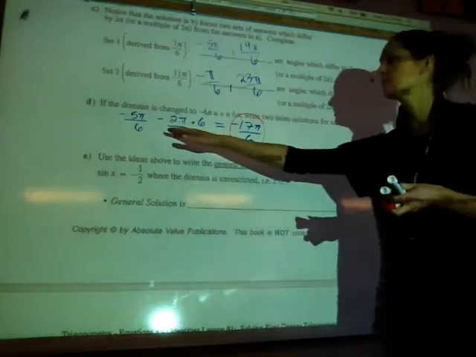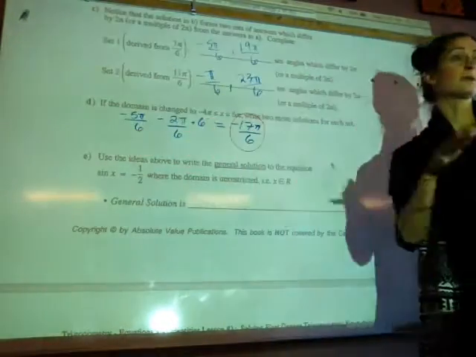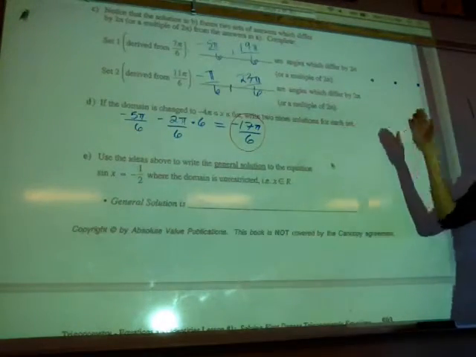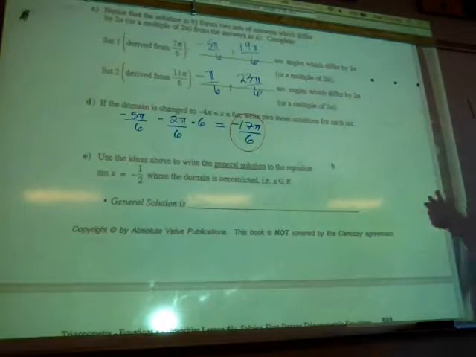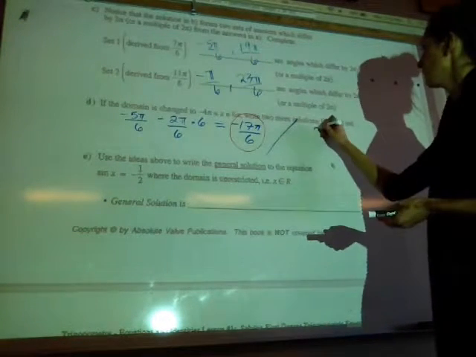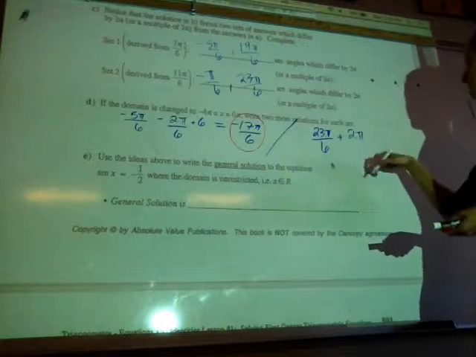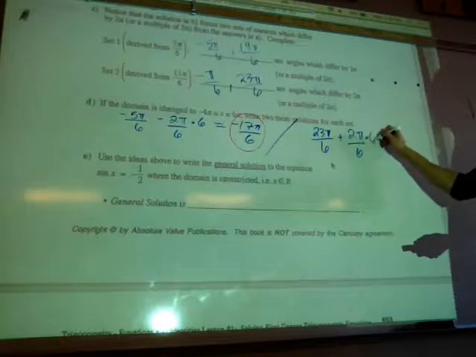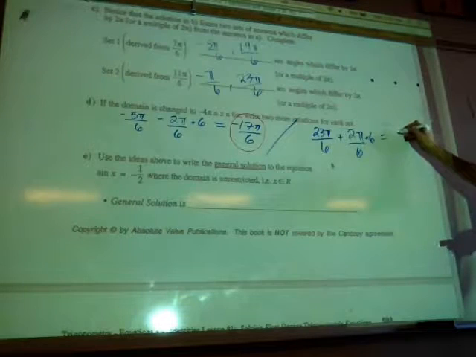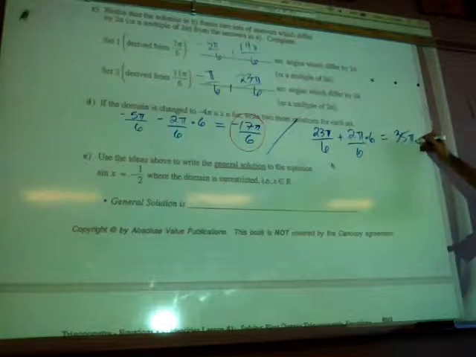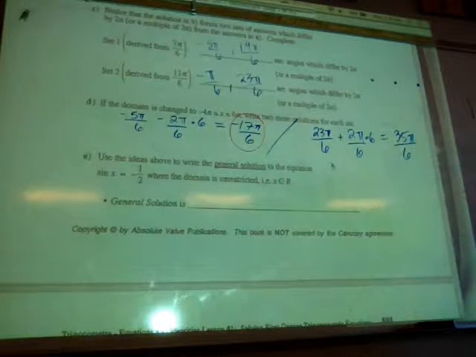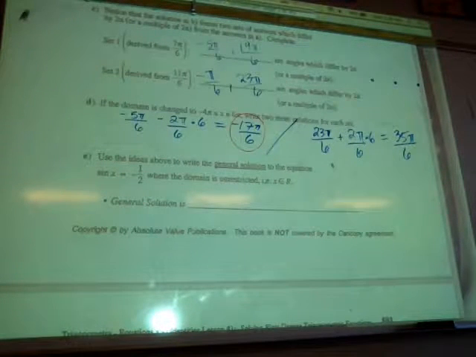Alright, so this was the one that was furthest to the left. What was the x-intercept that was furthest to the right? 23 pi over 6. So we're going to add 2 pi. Get a common denominator. So we have 23 plus 12, 35 pi over 6. Okay, and let's just check it. 35 divided by 6.